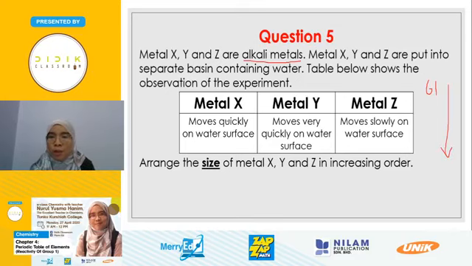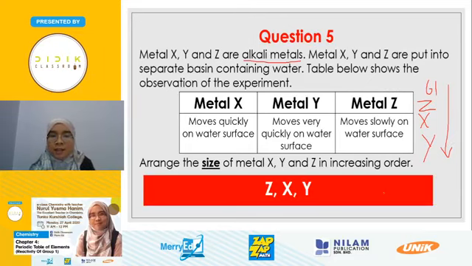Look at which one is the most reactive, which is Y. So we put Y at the bottom, the second one is X, and the first one is Z. And the question said to arrange the size of metals X, Y, and Z in increasing order. Going down the group, the size increases. So the answer is Z, X, and Y.